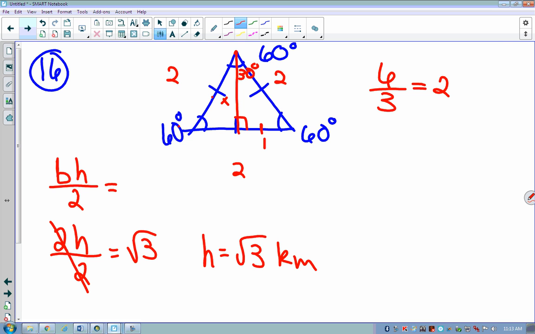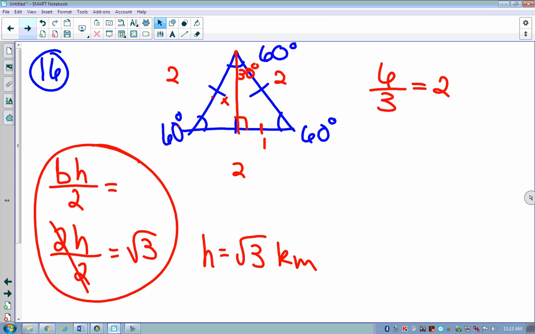So we can solve it using the area formula, which is what we did here. Or if you remember your 30, 60, 90 ratios, you can solve it. Later on, you'll figure out how to use things like sine, cosine, and tangent to solve for those types of things. But that's maybe going a step beyond what we need. Okay, so that was 16.